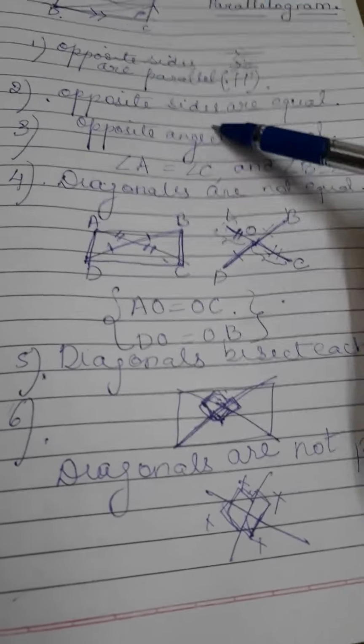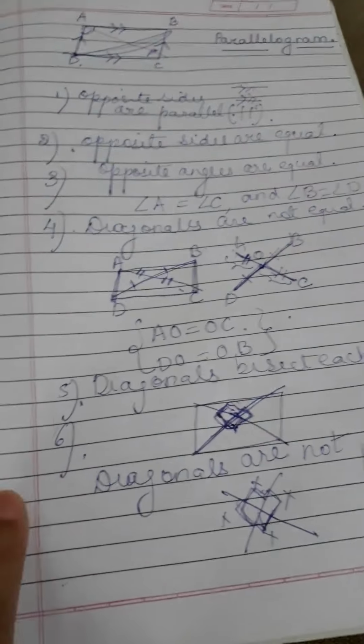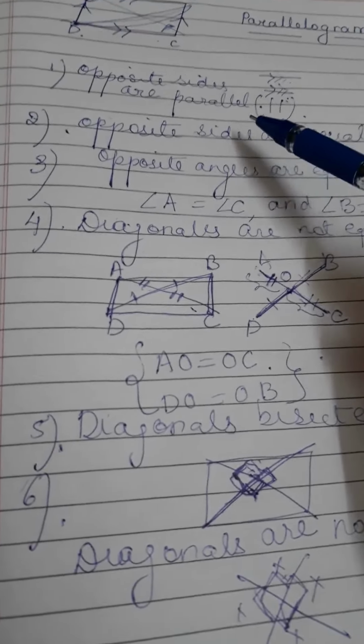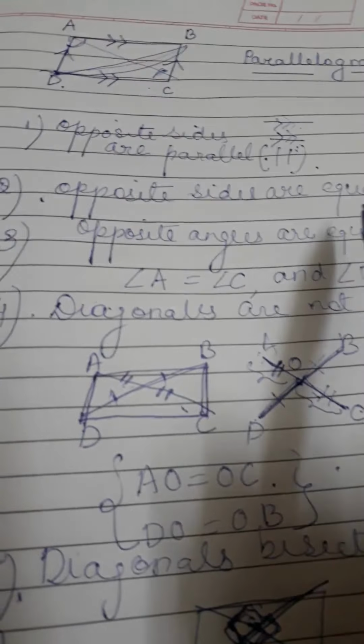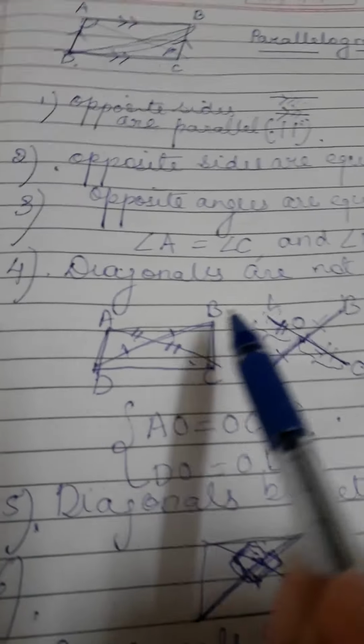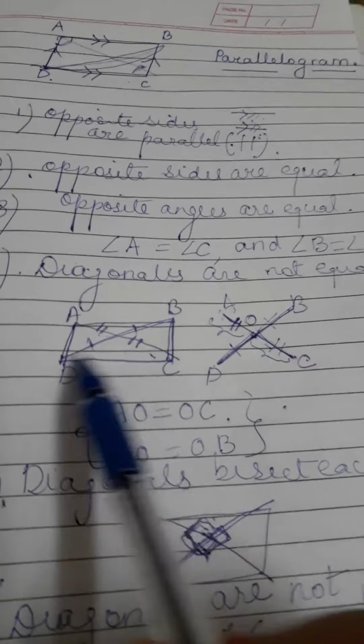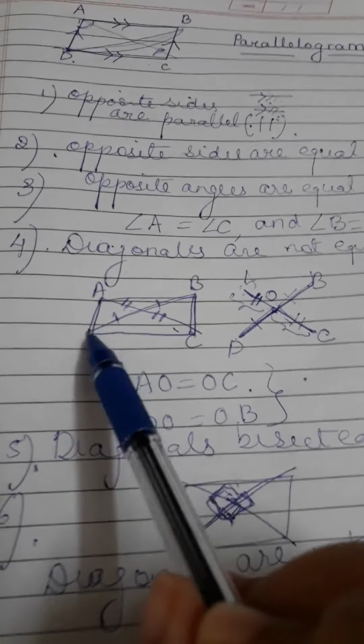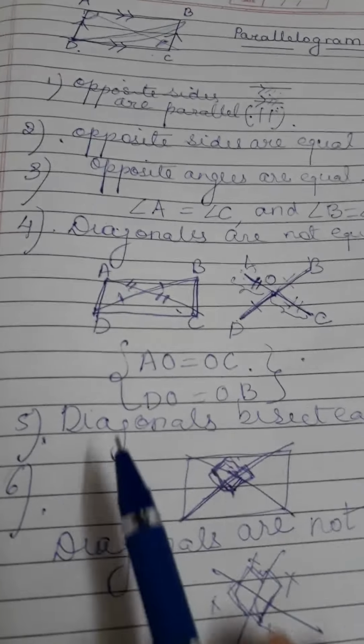Let's revise. These properties are very important. You will require these properties again every time, and proving of the properties will be done later. We'll just see one by one. See, opposite sides are parallel, opposite sides are equal, opposite angles are equal, diagonals are not equal in a parallelogram, but they bisect each other. मतलब एक दूसरे को equal portions में cut कर देते हैं.